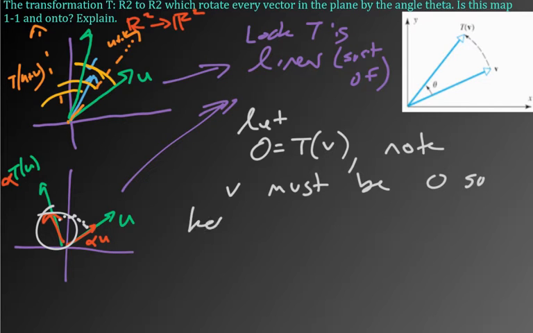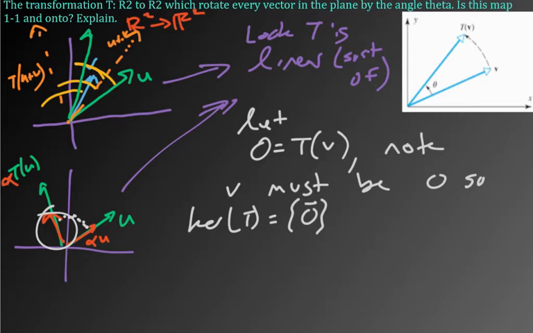So the kernel of this transformation just has to be the trivial vector. That's because the only way I'm ever going to get the 0 vector from rotations by angle theta is if I was rotating the 0 vector. Anything else is going to give me something that's not the 0 vector.